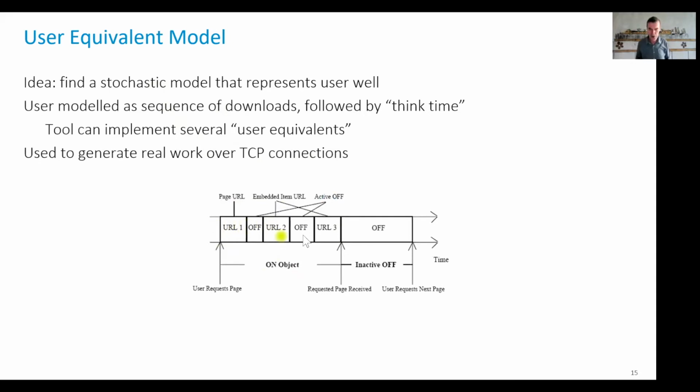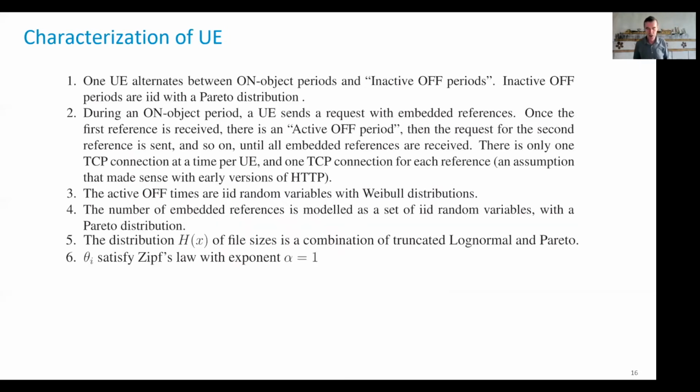And then you need to do a number of modeling acts, like what is the distribution of all of these periods, and what is the distribution of the number of objects. By taking large measurements, interestingly, you will find that practically all the items that we have seen in this lecture had to be exercised. We find that the active and off times are Weibull distributed.